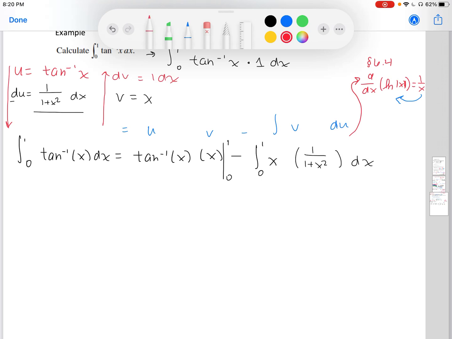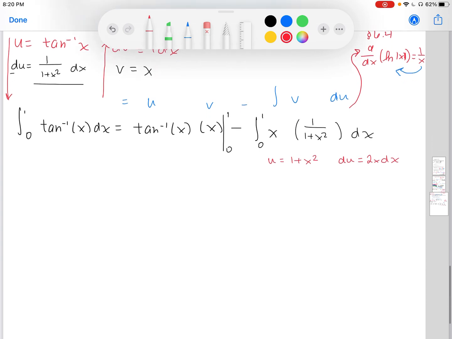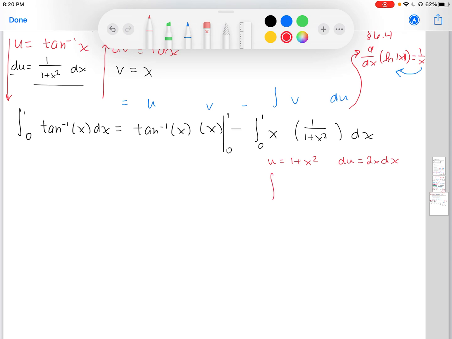Now we need to use u-substitution for this one. So let's let u equal 1 plus x squared, and du equal our derivative, which is just 2x dx. Let's set up the integral. We have 1 plus x squared, and we have x. We're going to need 2x, so we compensate with that 1/2 dx. When I first teach integration by substitution, I'm very careful.